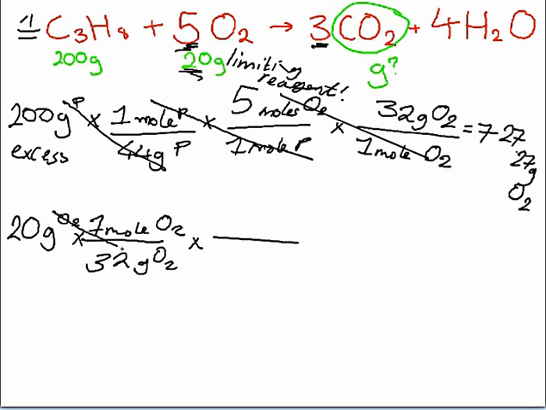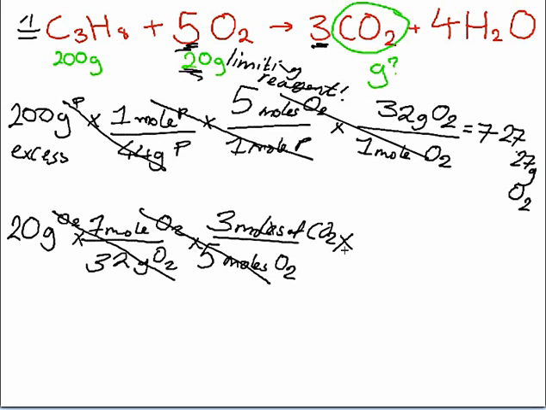So this cancels out, and then we need to cancel out this, so we put the moles of O2 on the bottom. How many moles of O2 do we have in this equation? 5. So 5 moles of O2. And then how many of CO2? 3 moles of CO2. Okay, so this cancels out.